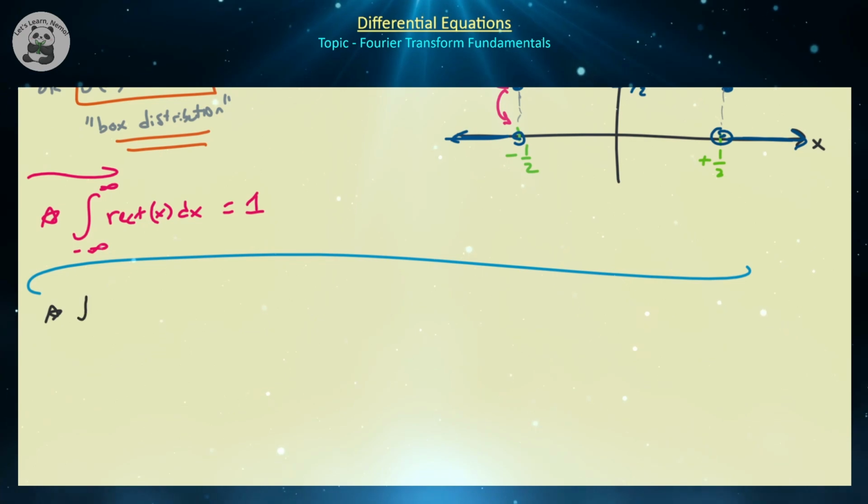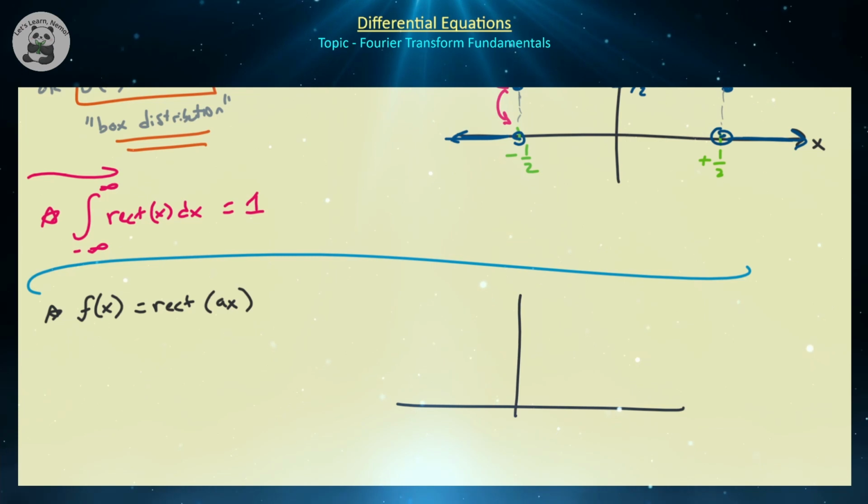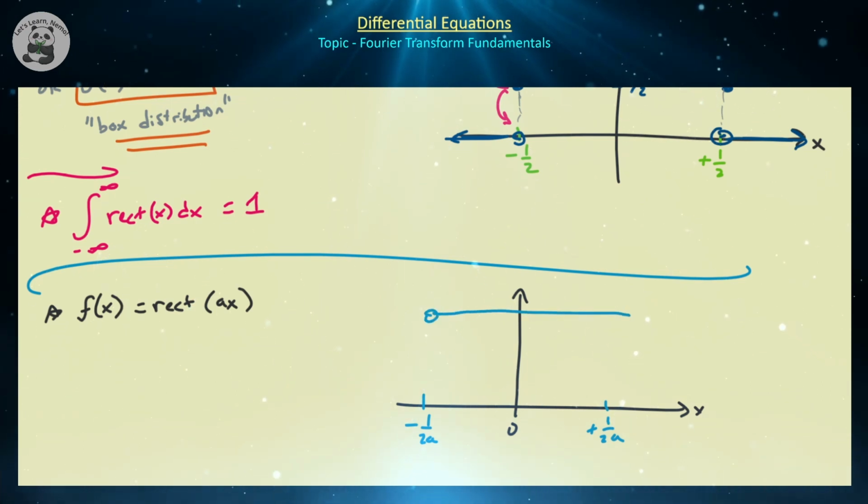So let's consider the function f of x is equal to the rectangular function of some scalar multiple of x, rect(ax). So if that is the case, well, what is going to be happening to our domain? So obviously this is still going to be centered around x is equal to 0. And instead of going from minus 1/2 to 1/2, what you're actually going to see is we're going to go from minus 1 over 2a to positive 1 over 2a. And the height is still going to be defined to be equal to 1.